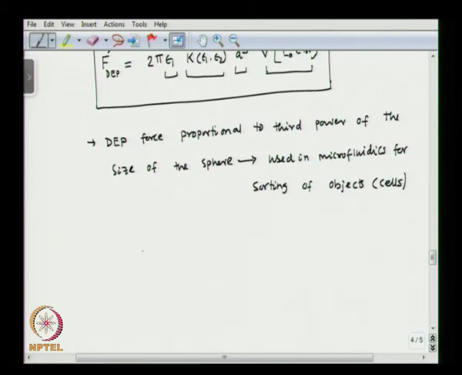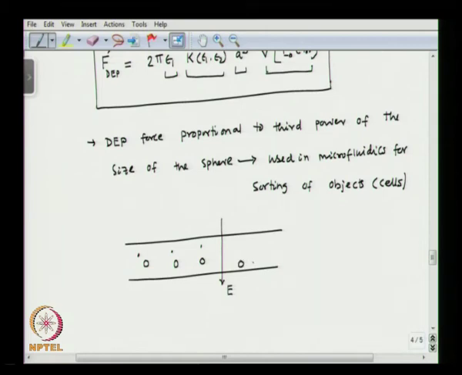For example, let us consider a channel and we are able to establish an electric field in this direction, okay, and here we have a mixture of small and large objects, and assuming that they have the same dielectric properties, then because of the electric field the larger objects will be subjected to larger dielectrophoretic force.